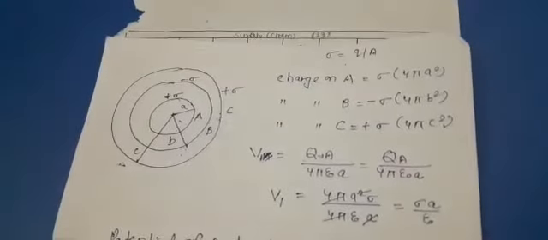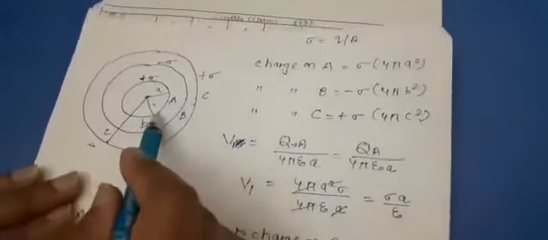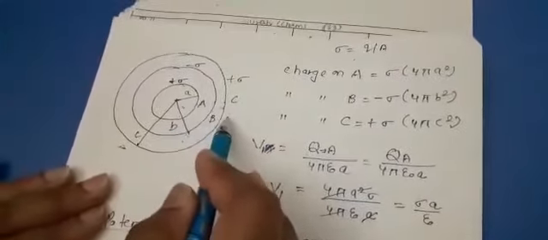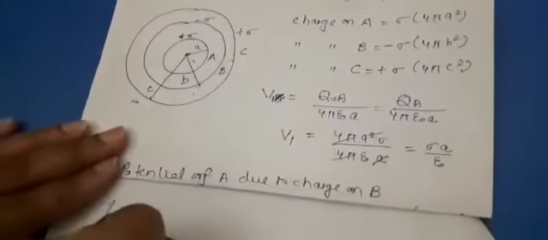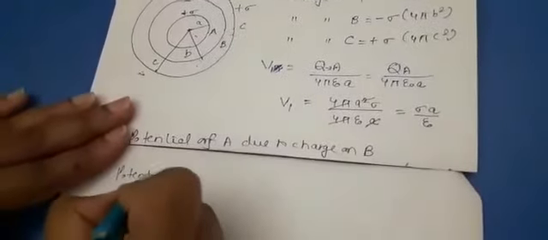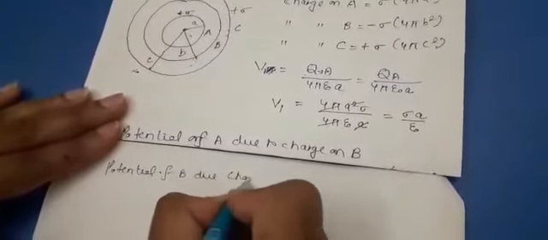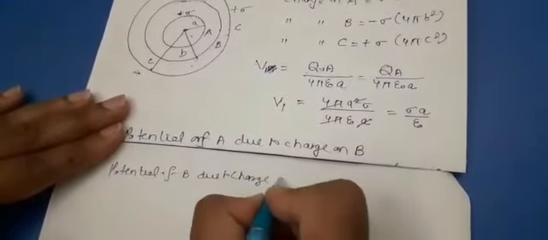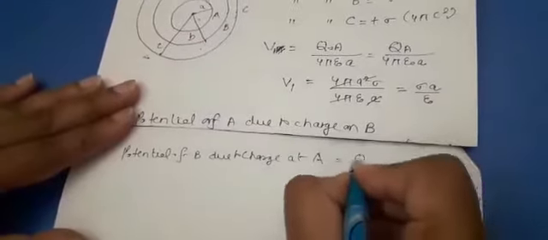Now we have to calculate potential of B due to charge at A, charge at B, charge at C. This is a point which you have to understand. See, potential of B due to charge at A. Here the charge will contribute QA.